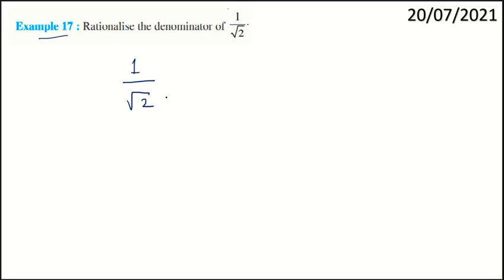See children, whenever we want to rationalize the denominator, we need to identify by which number this root 2 multiplied can give you a rational denominator.